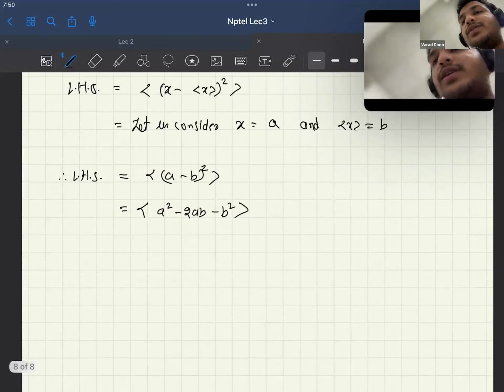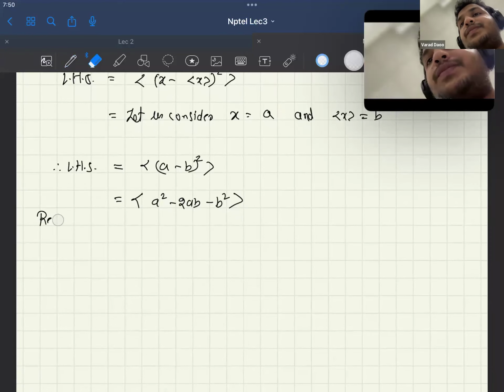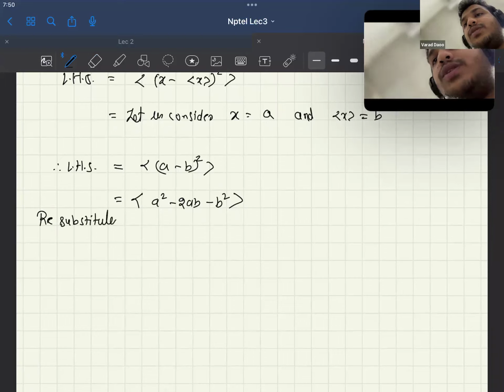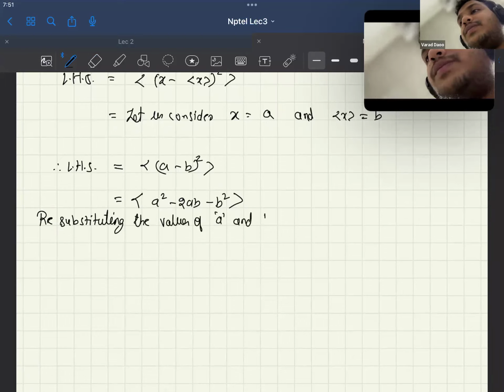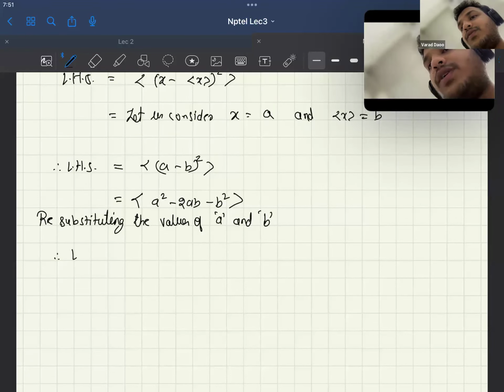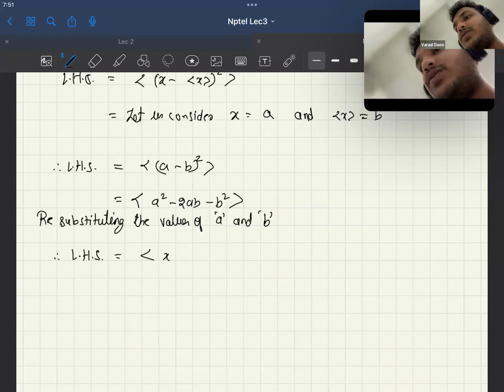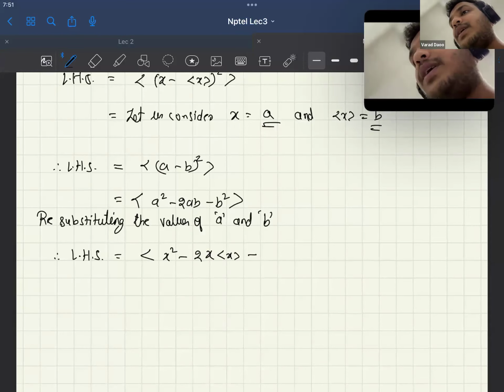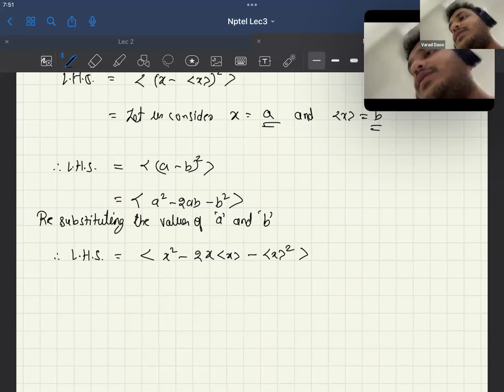Then substituting the values of a and b, right? Therefore LHS becomes what? What is a? A is nothing but x, so x square minus 2 into x into average of x, right? This is a, this is b, plus average of x square, right?